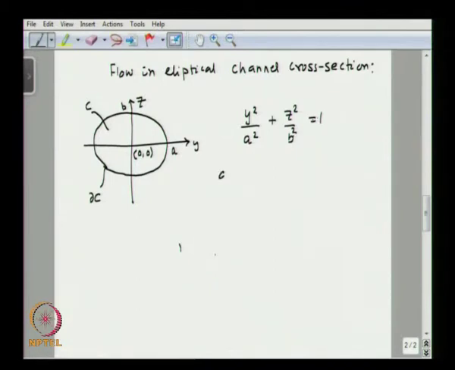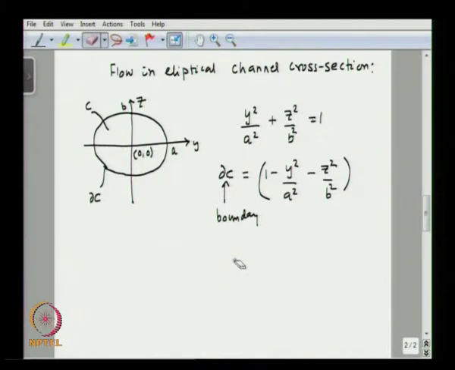So, this is the boundary del C. So, for this case we can assume a trial solution. Okay, we can assume a trial solution and make sure that the boundary condition is satisfied, that means the velocity at the wall is 0.